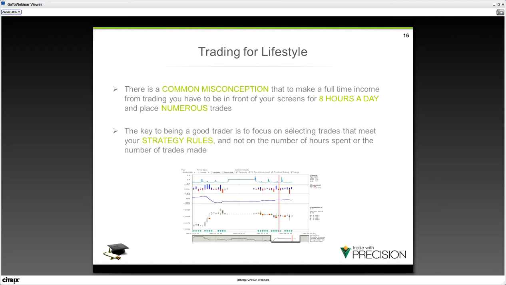Now, many traders enjoy a very unique lifestyle in this line of work, but there is a common misconception about trading for a living. Many folks think that you have to be in front of your computer screens 8 hours a day, and you'll need to place numerous trades in order to accomplish this. And really nothing could be further from the truth. Many times you'll find that fewer trades will yield better results, provided that you're trading a solid trend.